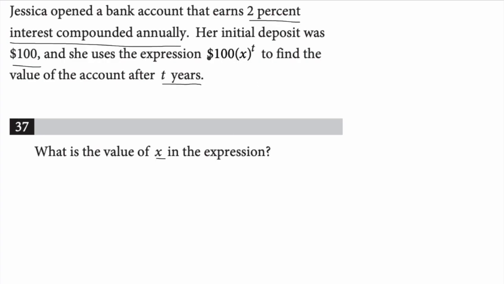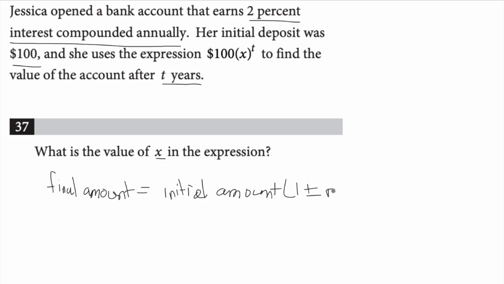So, right off the bat, I can tell this is the formula for the final amount: initial amount times 1 plus or minus the rate, to the power of the number of changes.